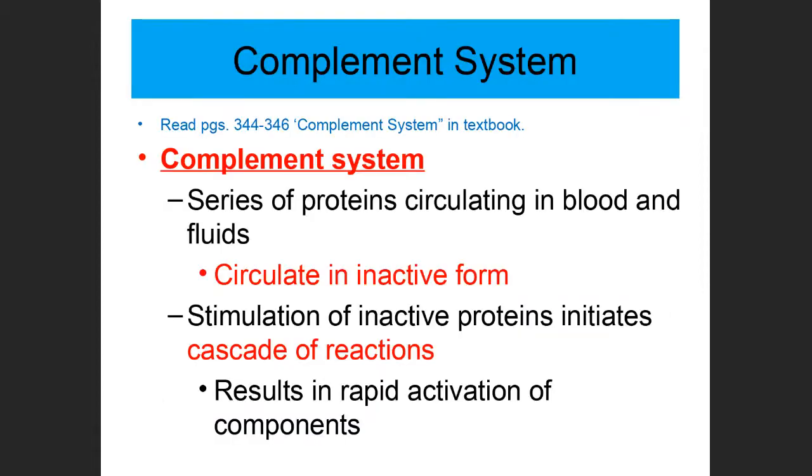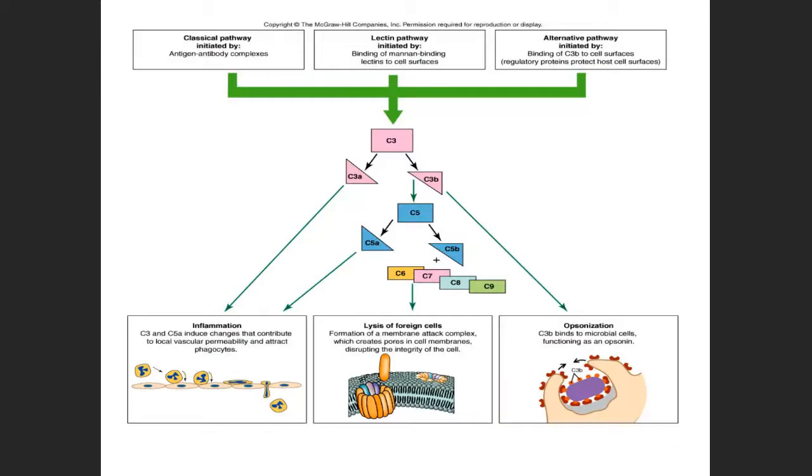They circulate in the body in an inactive form, and directly or indirectly, they're going to be activated by microorganisms. So there are three mechanisms to activate complement: the classical pathway, the lectin pathway, or the alternative pathway.